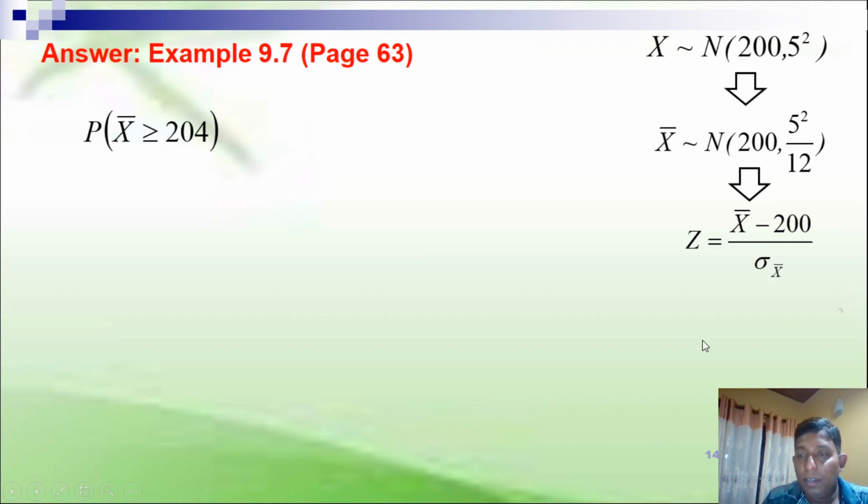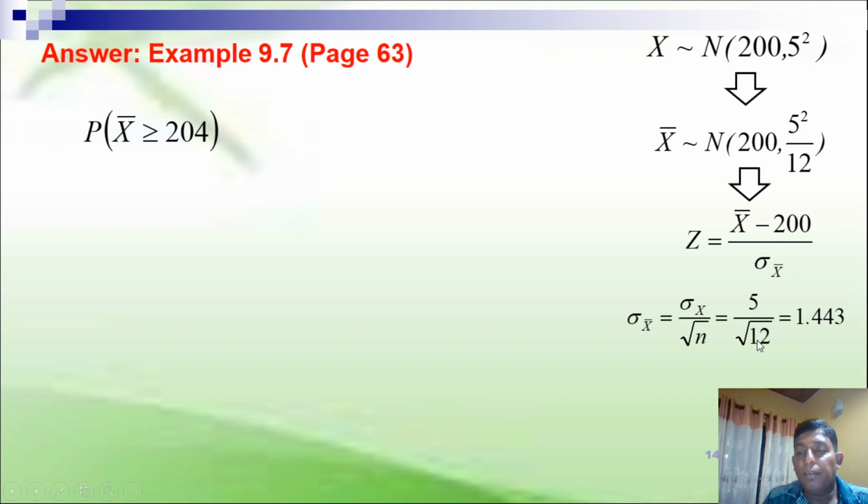How do you get the standard deviation of x bar? We know the variance, so just take the square root of it, or using the theory, divide the population standard deviation by the square root of the sample size.